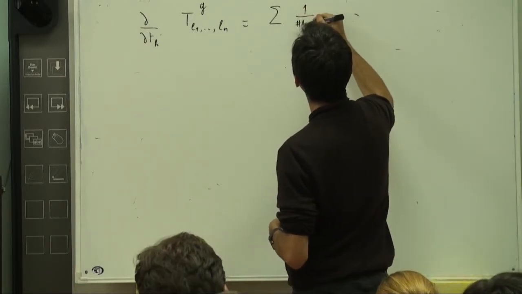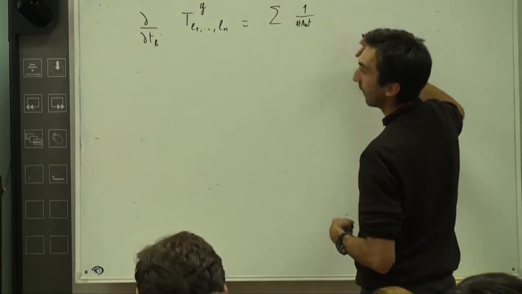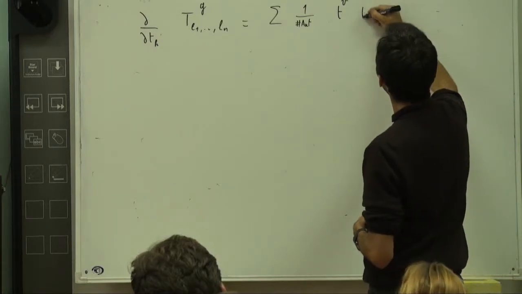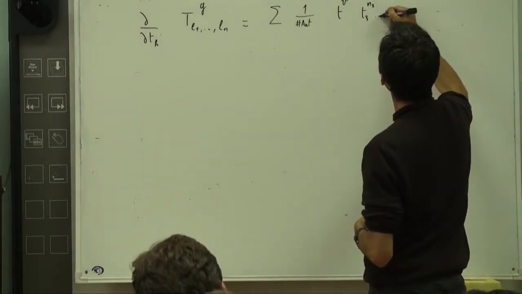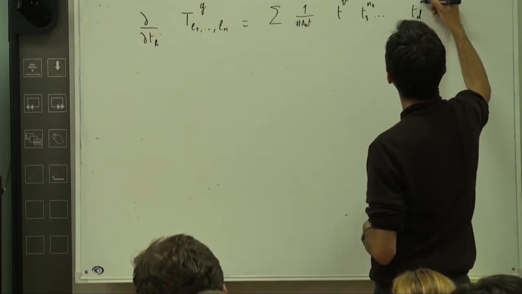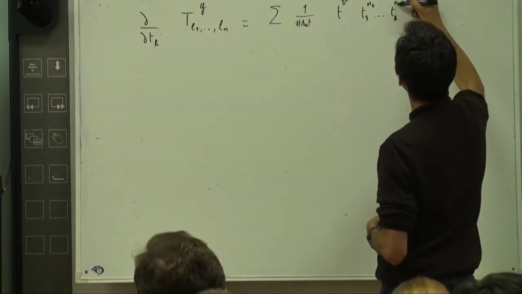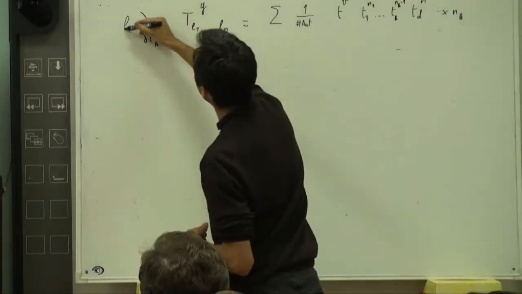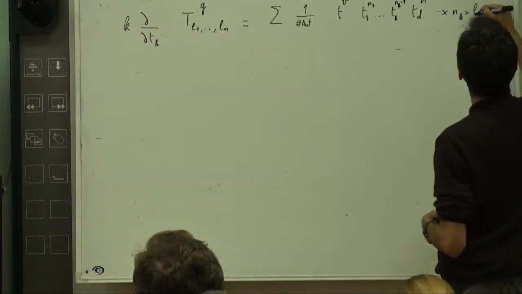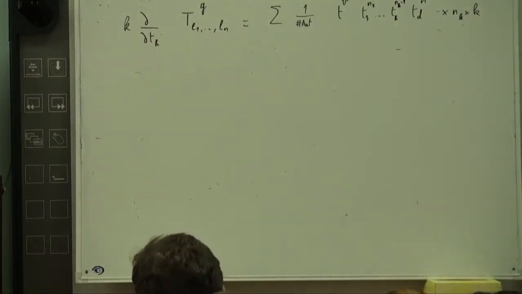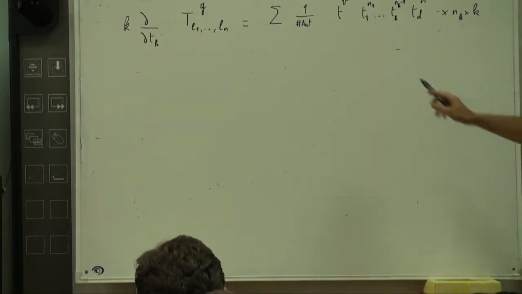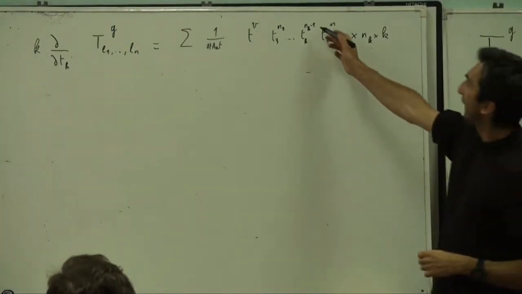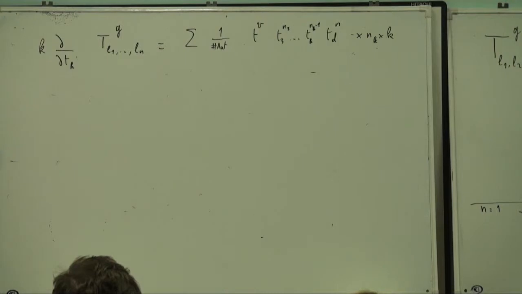It will be the sum of all maps, t to the number of vertices, t_3 to n_3, and so on, t_d to n_d. But here t_k will become to the power n_k minus 1 and times n_k. And also let me multiply by k. So somehow we get the generating function which counts also maps, but with one less k-angle.